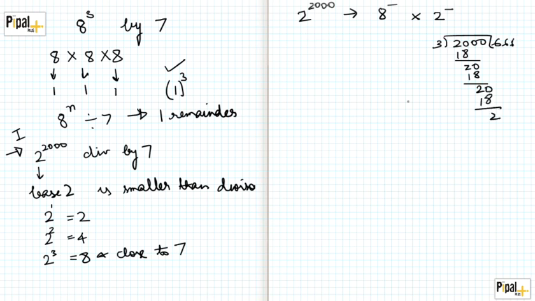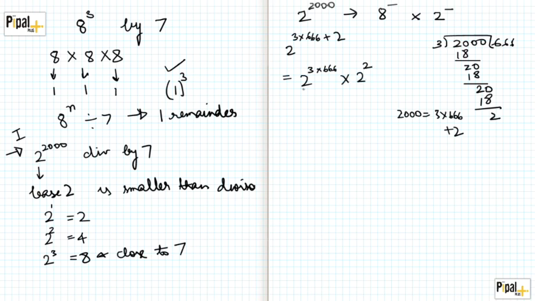So 2000 is 3 times 666 plus 2. So 2 to the power 2000 I am rewriting as 2 to the power 3 into 666 plus 2, which leads me to rewrite this as 2 cubed to the power 666, multiplied by 2 squared.